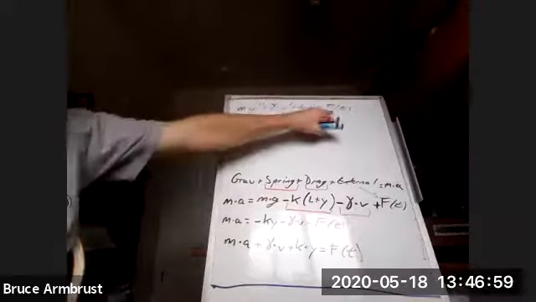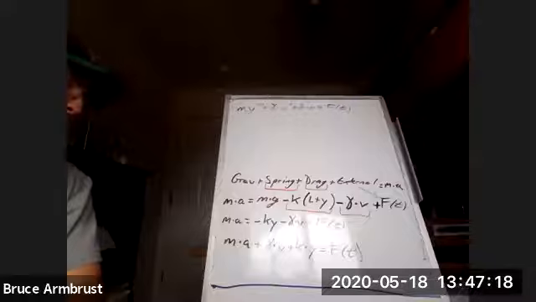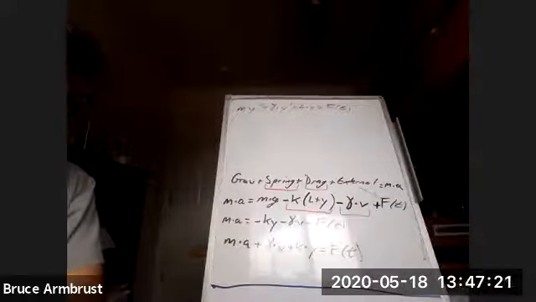So if there is no forcing function, like in the example I started with when I showed you the spring bouncing up and down here on my desk, that f of t is 0, and this is just a homogeneous equation. Super easy to solve. If we put in some sort of a forcing function, well, that's going to require variation of parameters or reduction of order or whatever.